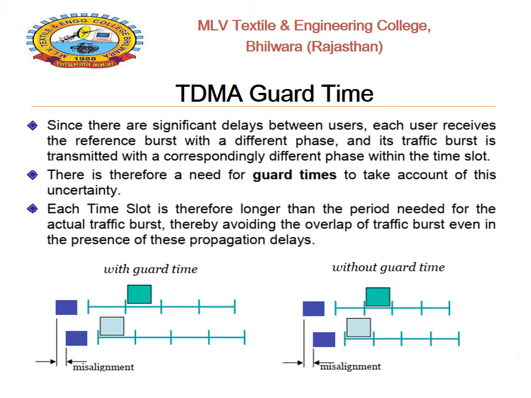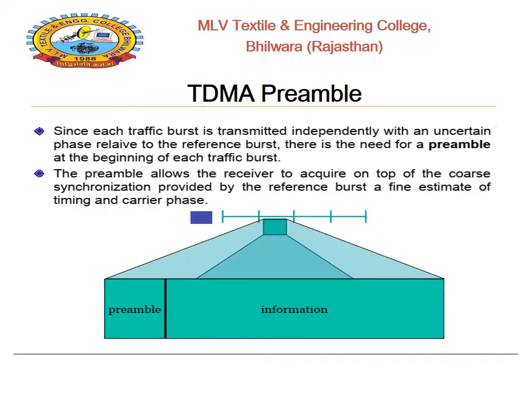But in the case of with guard time, the upper and lower information are identified separately. Each time slot is therefore longer than the period needed for the actual traffic burst, thereby avoiding overlap of traffic bursts even in the presence of propagation delay.